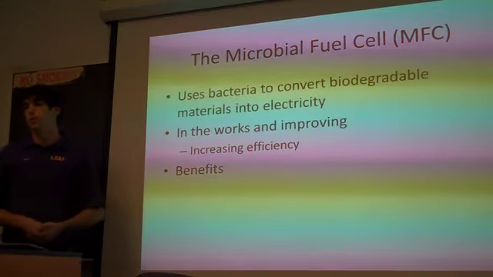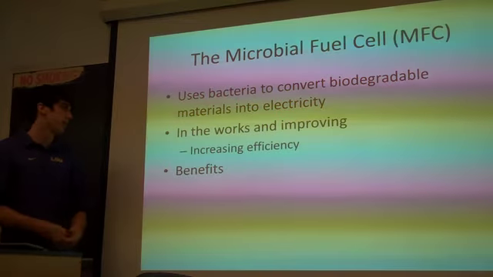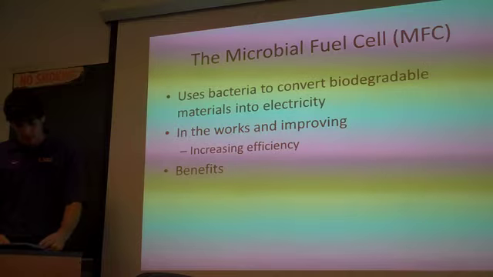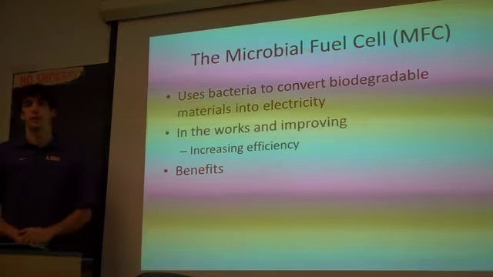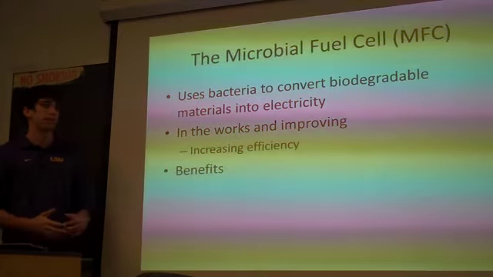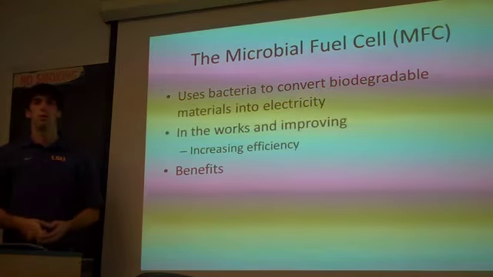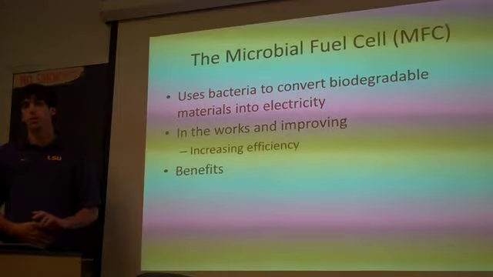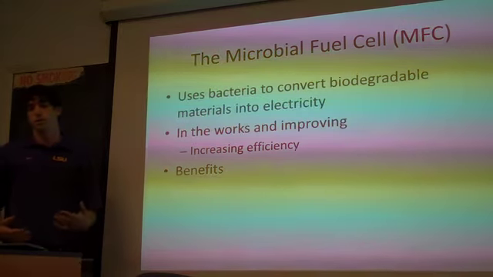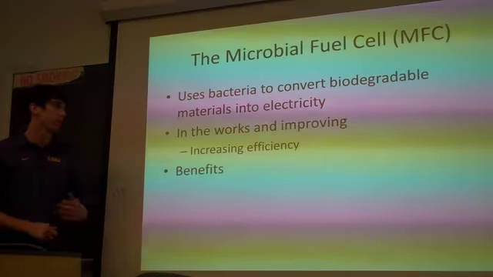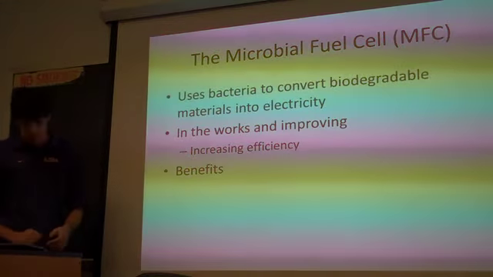There's tons of different ways, and researchers are working on tons of different ways to improve their efficiency. Basically that's just increasing their power output, feeding them less, and getting more energy out of it. Right now, it's still kind of impractical to replace fossil fuels, but we're working on at least saving fossil fuels, or supplementing our energy use with stuff like the MFC.